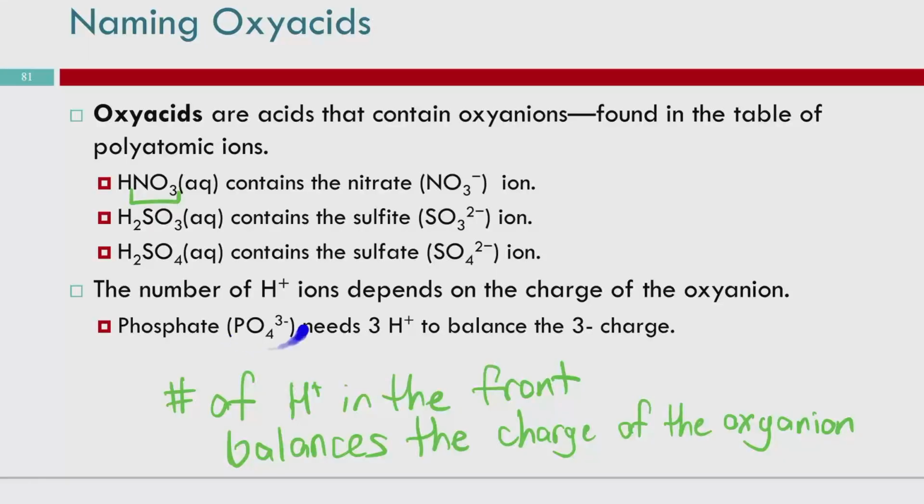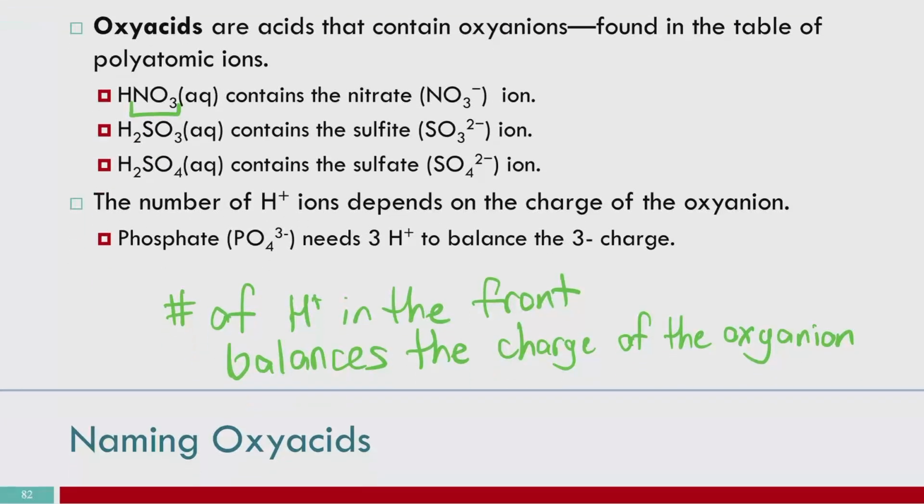So for example, phosphate, PO4 3-, because it has a 3 negative charge, we have to put 3 hydrogens in front. It's the same thing we're doing with our binary acids. We just have oxygen in there as well. Same sort of idea.